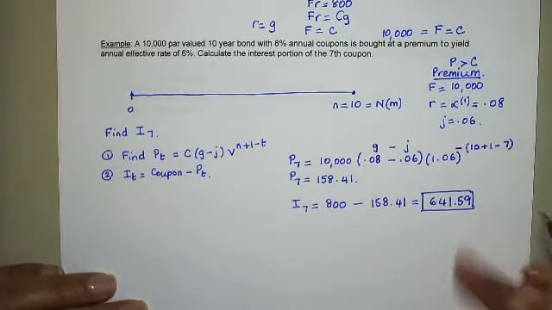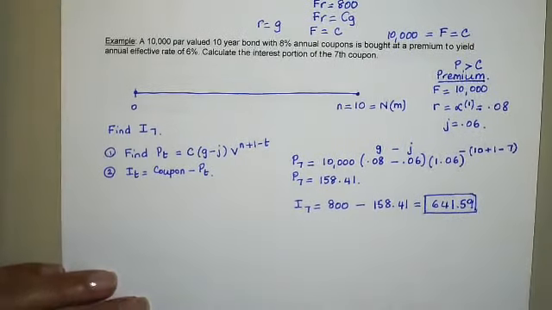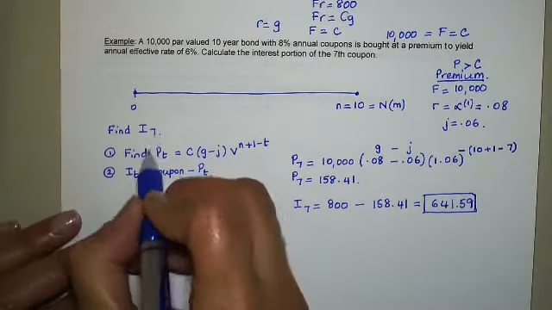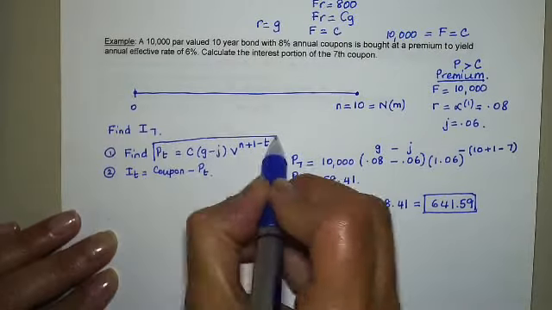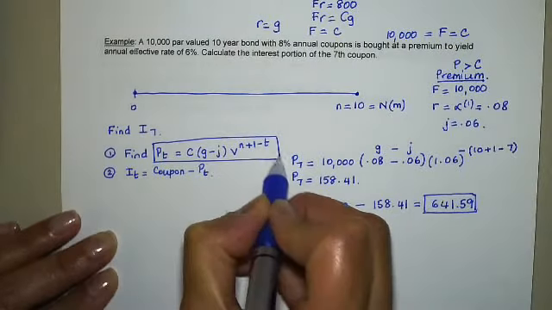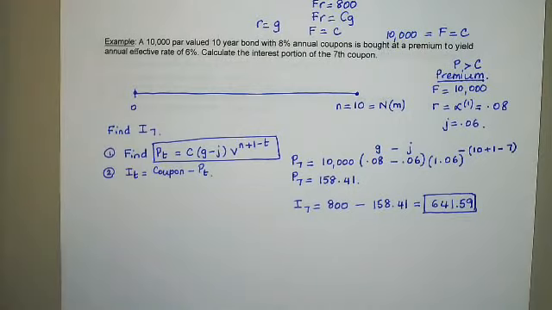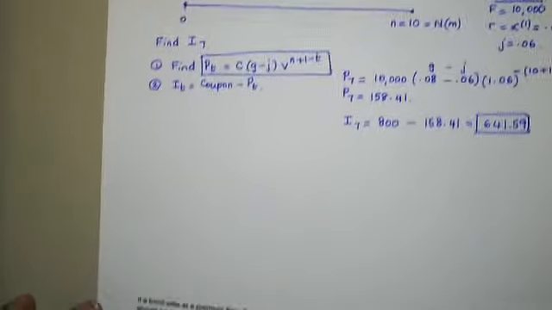And I'm done. I7. Everybody good with this? So, not too complicated. You just have to stick this thing on your cheat sheet and you're done. Right? Any questions? Okay. Let's continue.